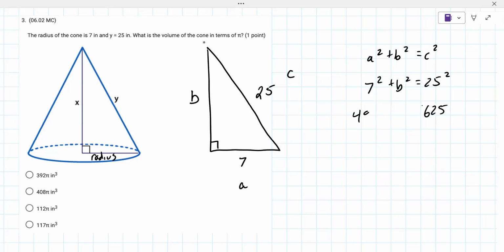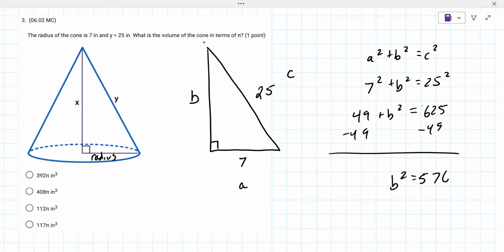You're subtracting 49 from 625. Oh, yeah, I forgot the subtracting part. I thought it was adding, that's why I was adding 625 to 49. So it's 625 minus 49, which would get you 576. Okay, so b squared is 576. Then you have to square root it.